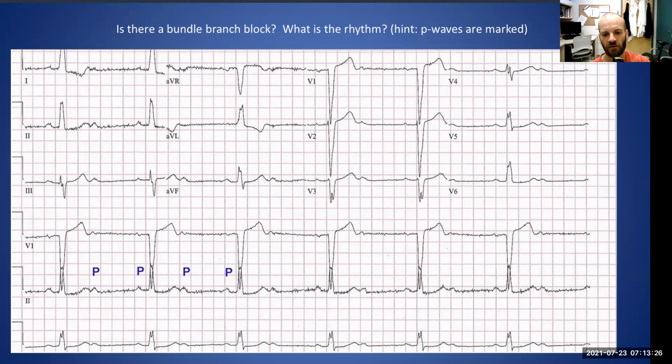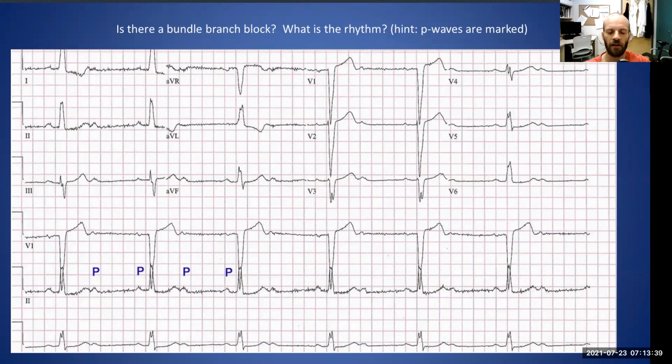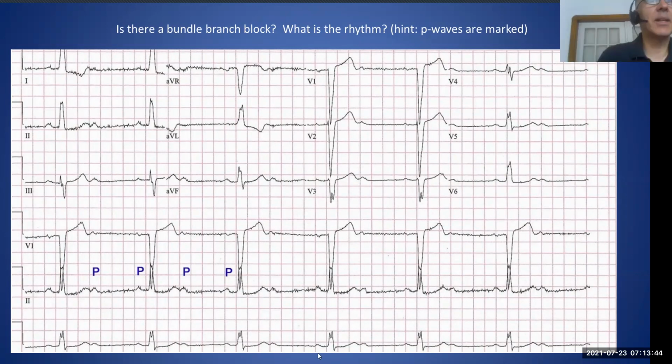Is it slow, fast, or at a normal rate? Oh yes, okay. I would imagine it's slow. Yeah. Okay. So could you give me an estimate of the rate? Do you remember how we estimate the rate? No, I've forgotten that. Number of big squares. So I've got 1, 2, 3, 4, 5, 6, 7, 8 big squares in between QRS complexes. Can anyone give Claude a hand as to how you work out what the rate is?